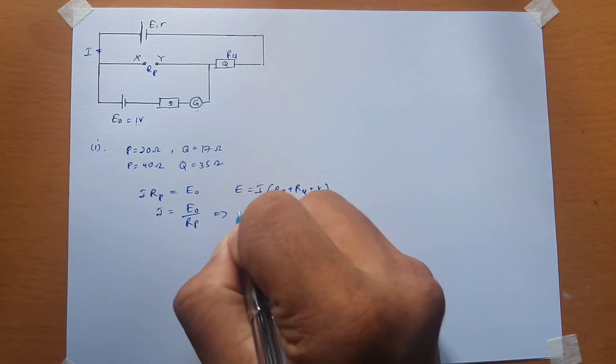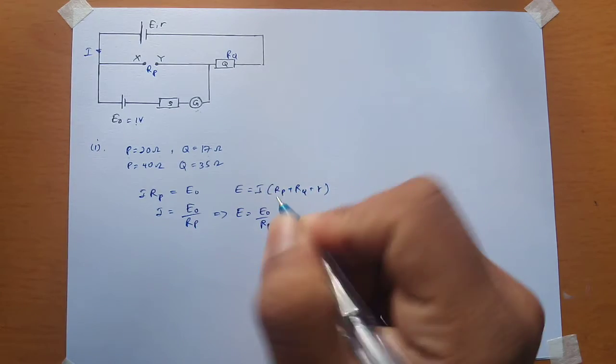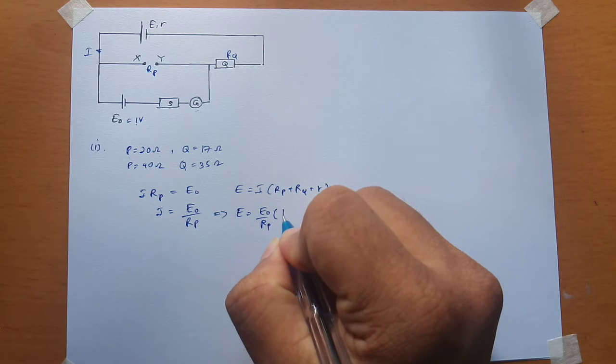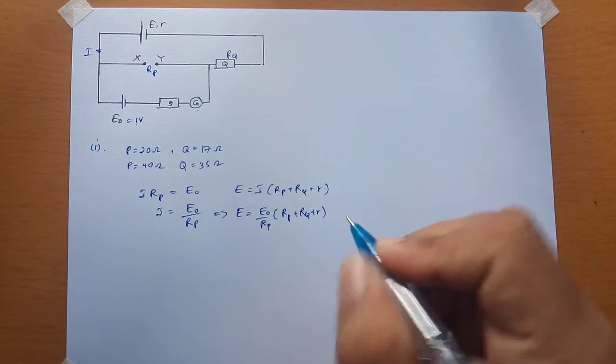So I get E equals E0 over RP into (RP plus RQ plus r).